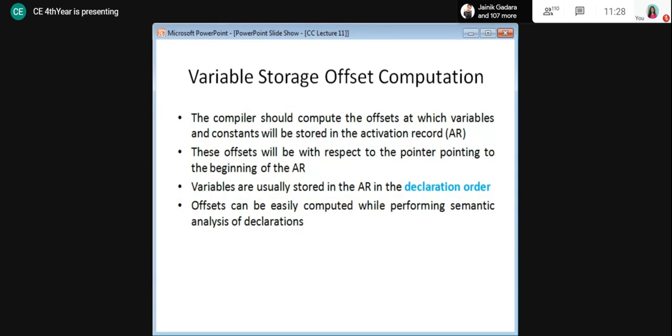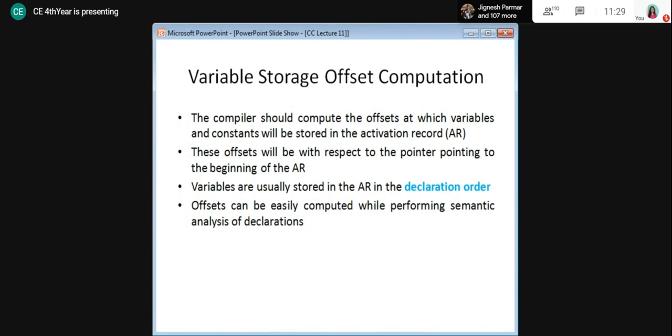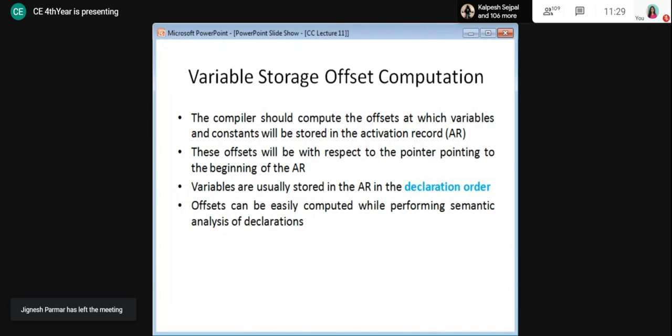We also need to know the variable storage offset computation, that is, what is the offset for a particular variable, which will help us to access a particular AR. The compiler should compute the offsets at which variables and constants will be stored in the activation record.